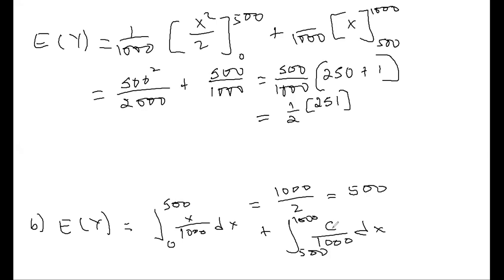So this C here is 500, which was missing in my computation. This is 500 squared.